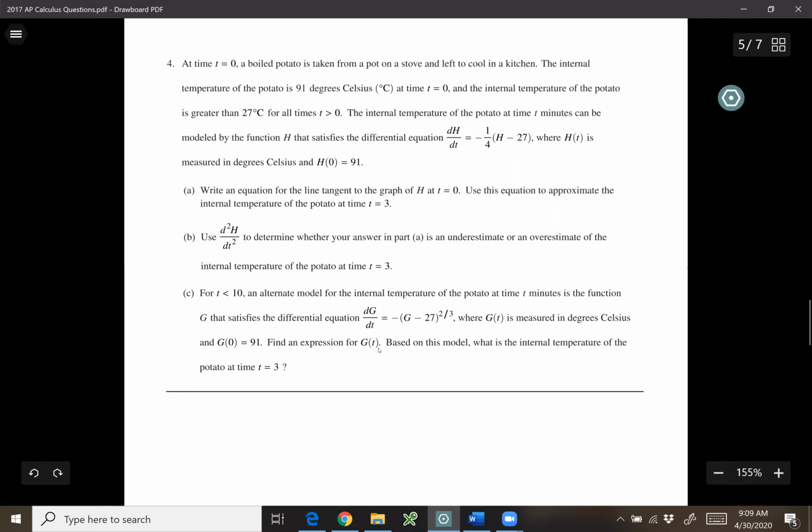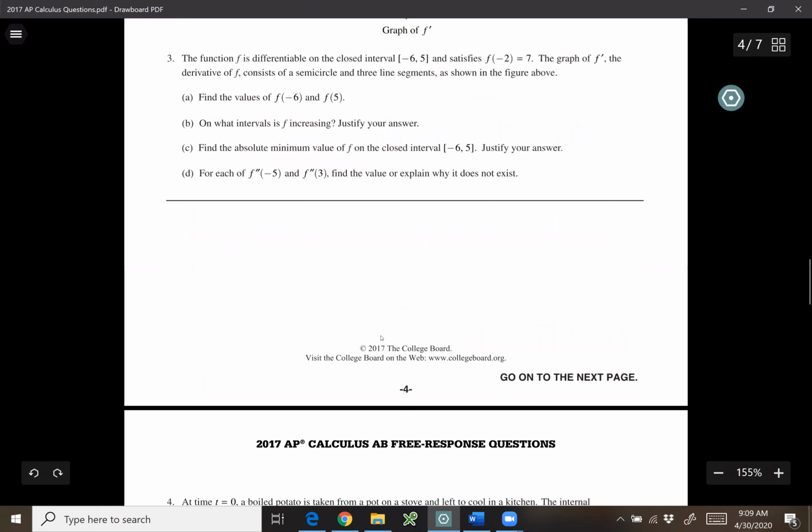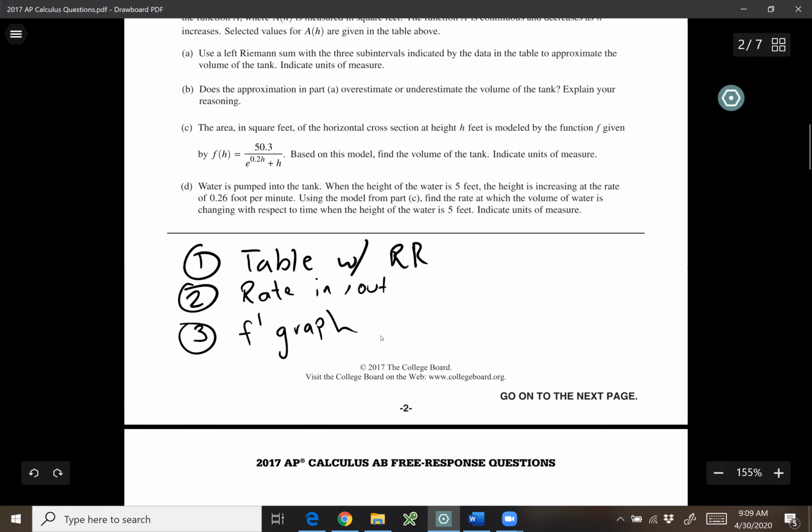So that's going backwards, taking the integral. That's when we separate it, put dy on one side, dx on one side, and take the integral. So number four was a differential equation, but just with other variables than y and x. It doesn't make it any harder. You just use t instead of x, and g instead of y.